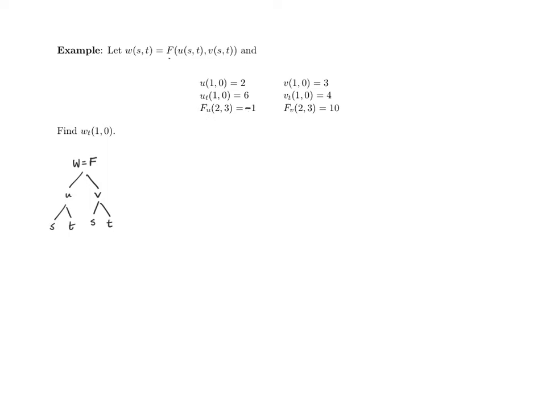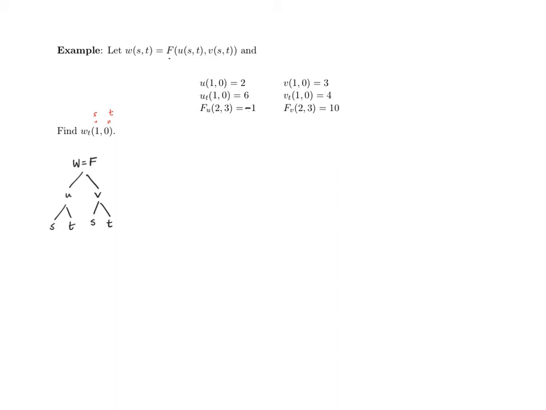And somehow what we would like to do is use this table of given information to find the value of the partial derivative of w with respect to t when s is 1 and t is 0.